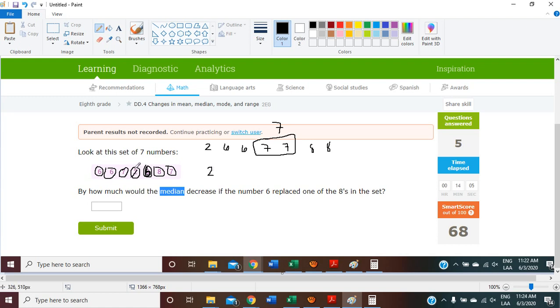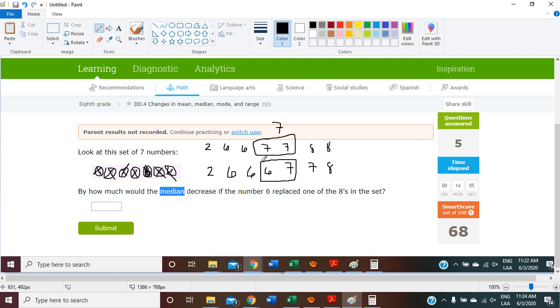Now we have 1, 2, 3 6s, 6, 6, and 6. We have 2 7s and 1 8.